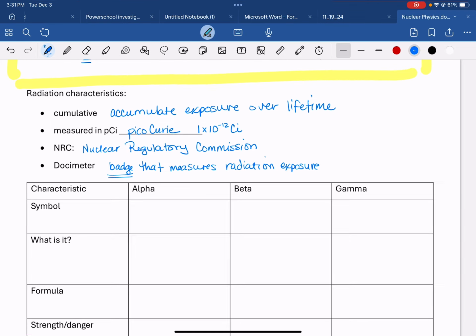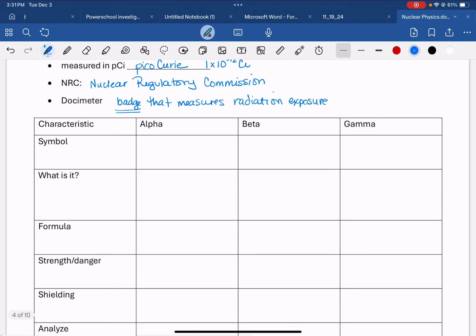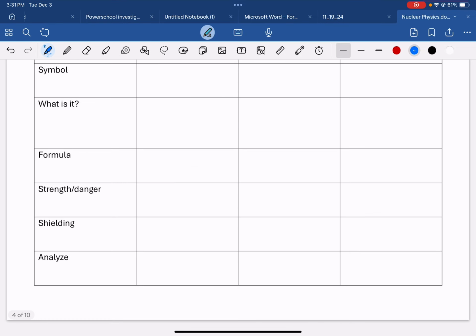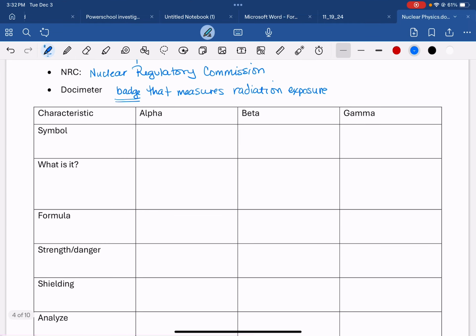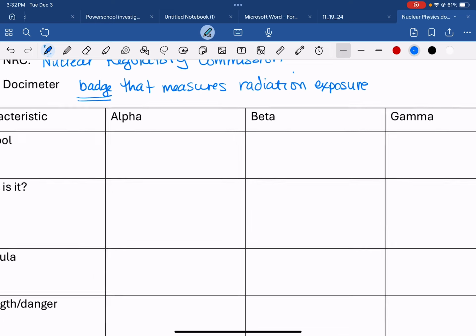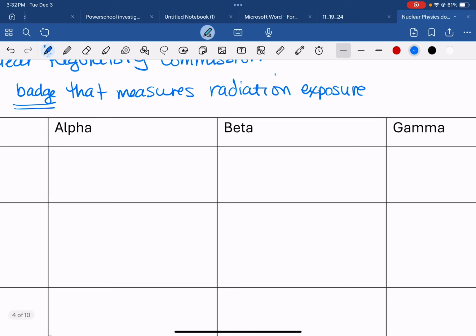Okay, so let's look at the different types of radiation. We'll talk about the symbol, what it is, the formula that you might see in an equation, and then how we actually analyze it or get information from it. So our first one is going to be alpha, and these are all Greek symbols.